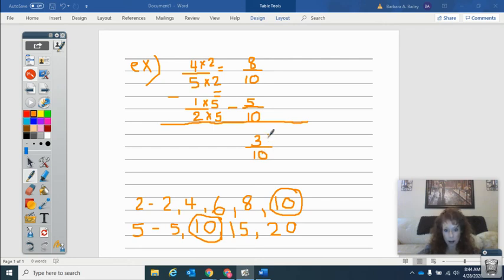You can do it, but it's an unnecessary step. So I really don't need to simplify this fraction. 3/10 is in simplest form.